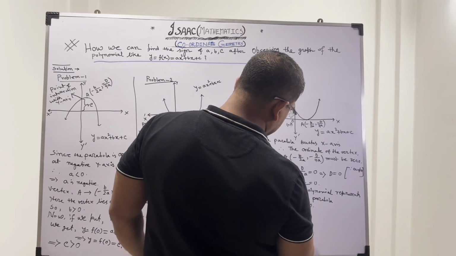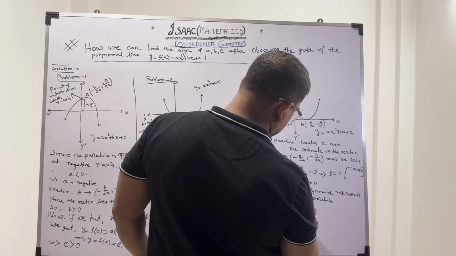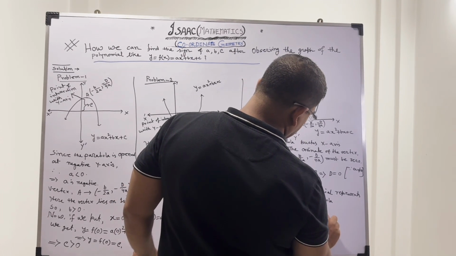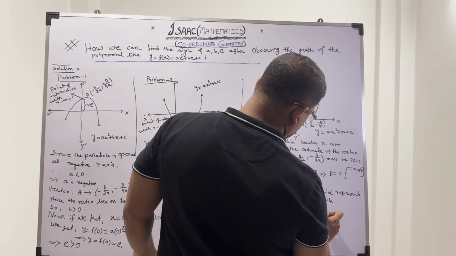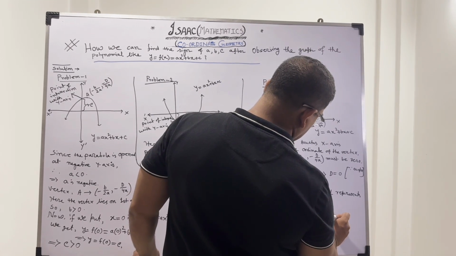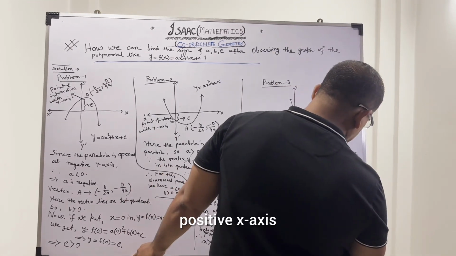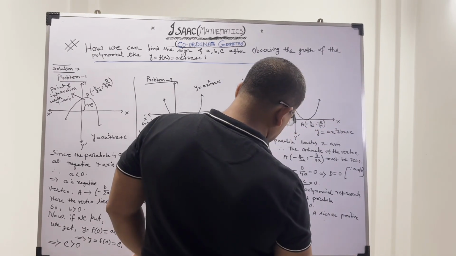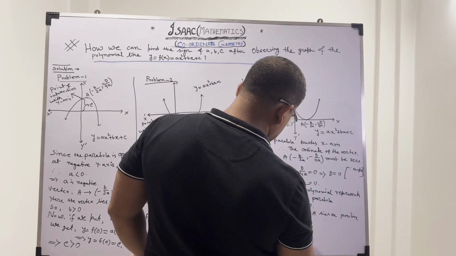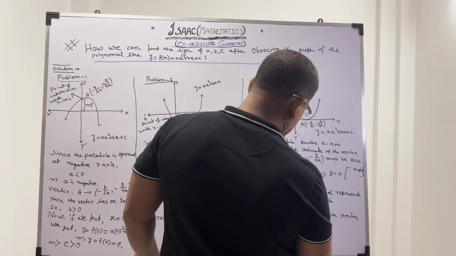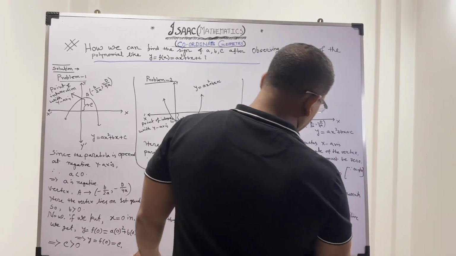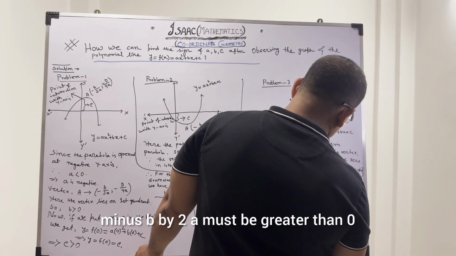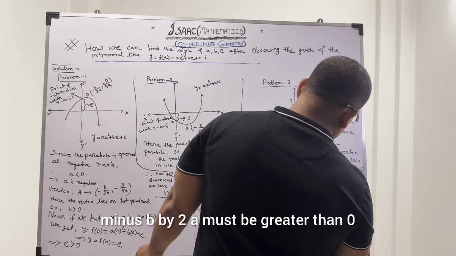The vertex A lies on the positive x-axis, so minus b by 2a must be greater than 0.